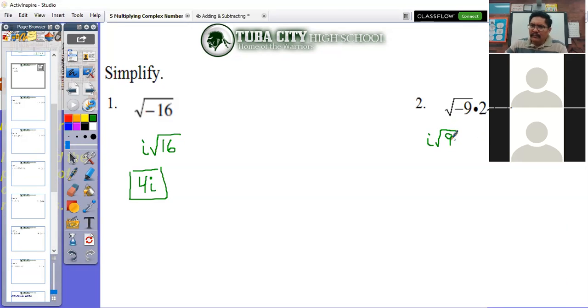I think you could probably do both of them at the same step too, and it wouldn't really affect anything. But in this case here, it would be better to just write the whole thing out. So take out the negative, so you get 2i root 4.